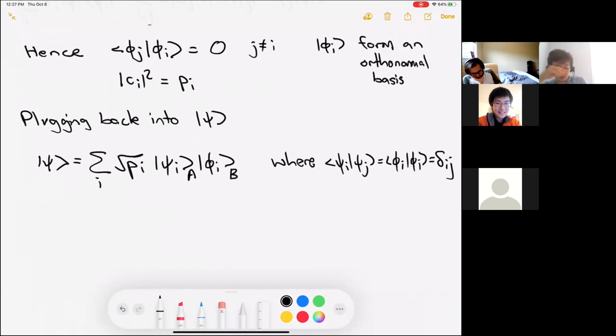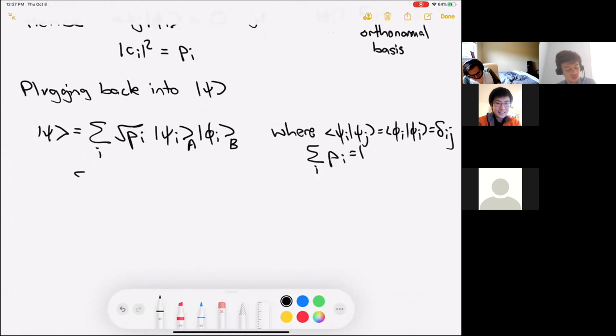So both bases are orthonormal, and the sum over i of p_i is equal to 1. Okay, so this is called the Schmidt decomposition of psi.